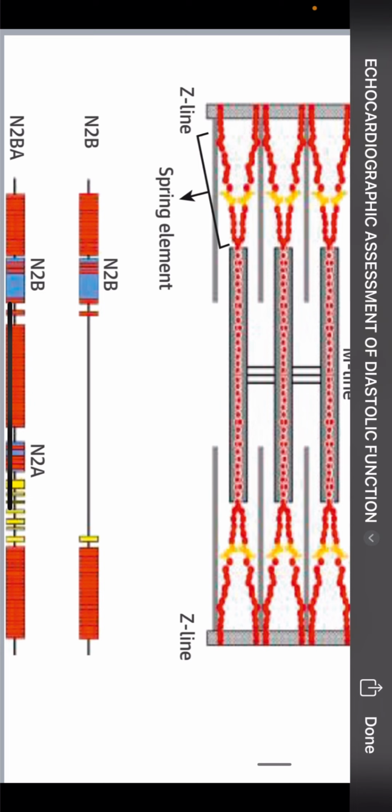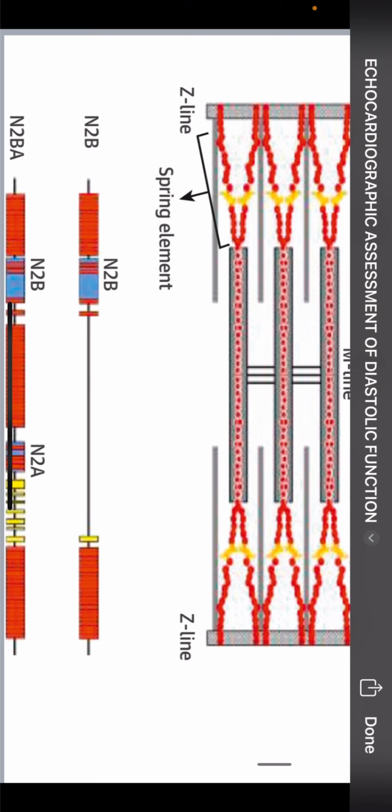But to do that, there are other proteins that are integral parts of this sarcomere, and these are titin. These are structural proteins. Titin holds the actin and myosin in position to allow the cross bridge to form. Otherwise, if it is not there, this arrangement can be distorted.